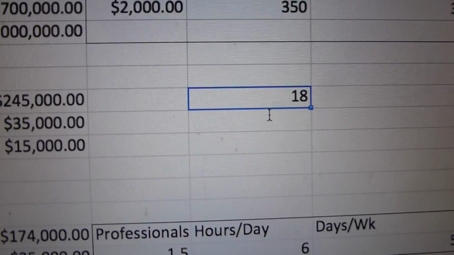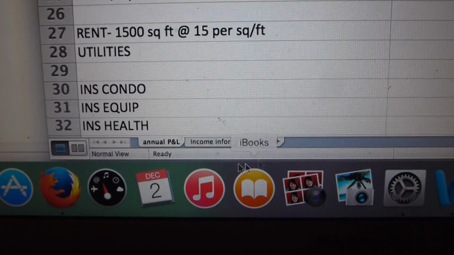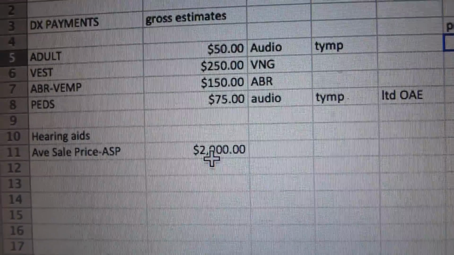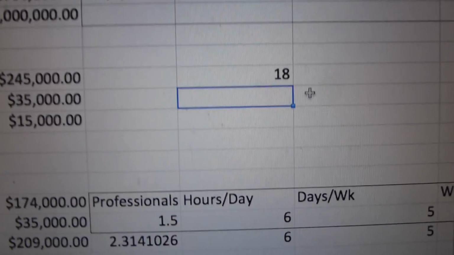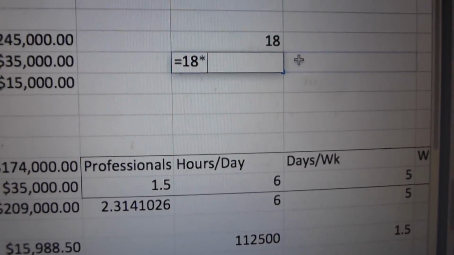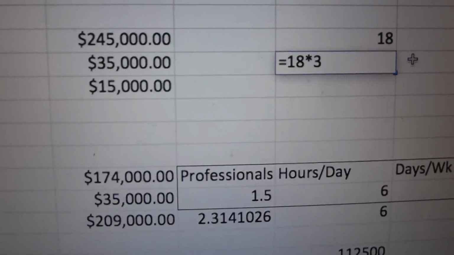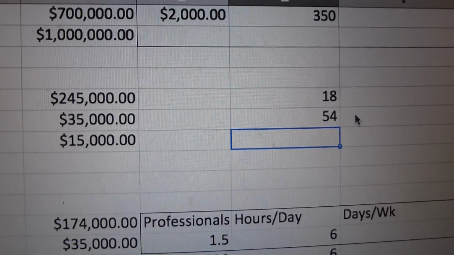Now, what does that mean time-wise? If we click on our income information, we know that that $2,000 also equates to 3 hours. So pretty easy math now. We're actually just going to do 18 times 3 hours, which gets us 54 hours.